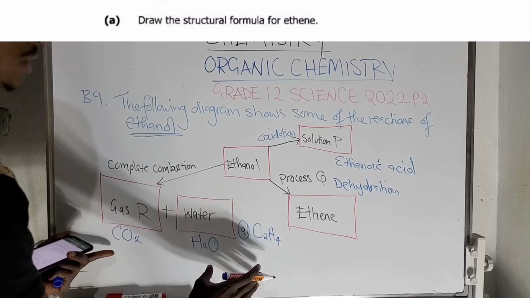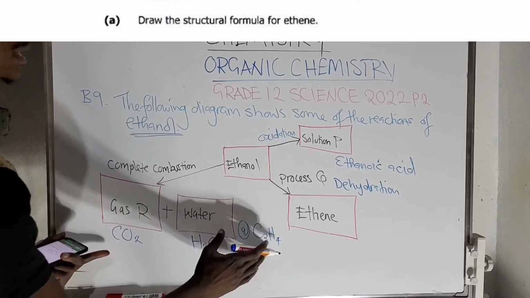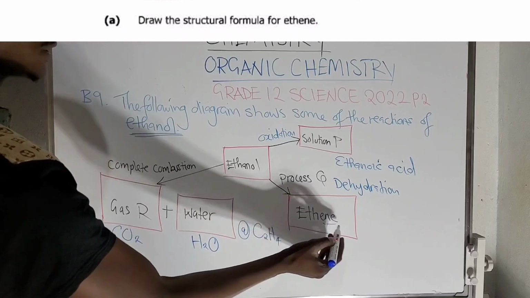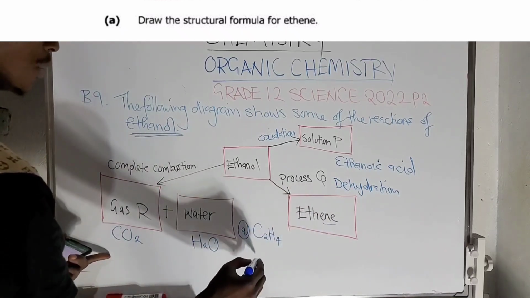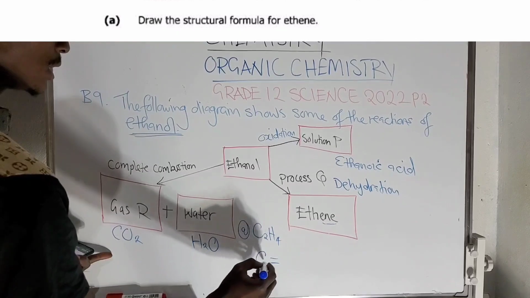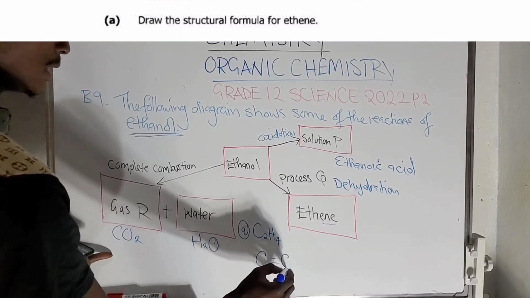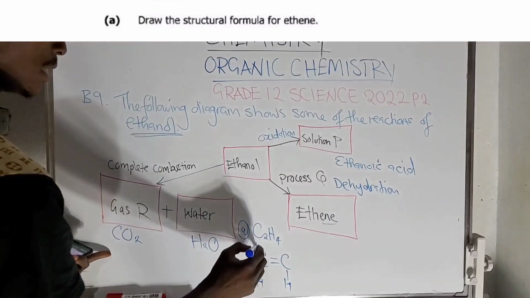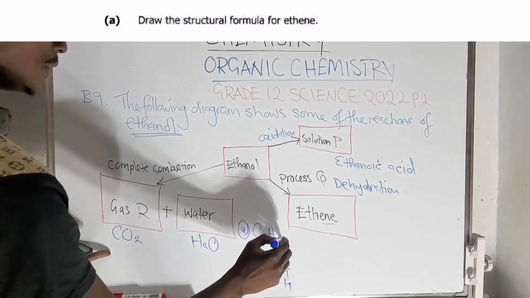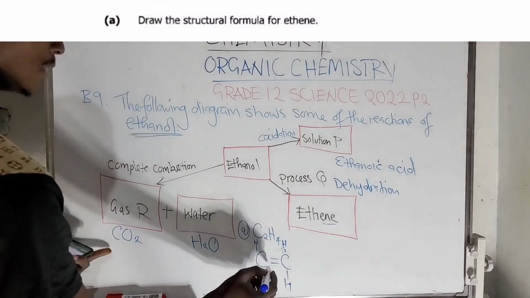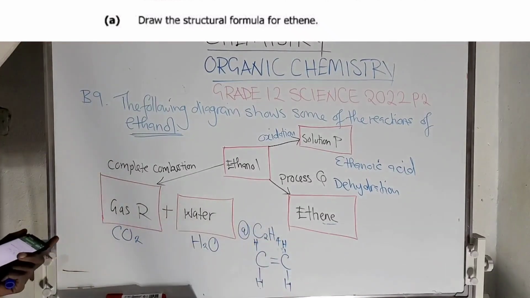Since ethene ends with ENE, it's an alkene, so it has a double bond between two carbon atoms. So C to C, like this. Then you have two hydrogens on top and two hydrogens below, and the double bond here. So this is the structural formula for ethene.